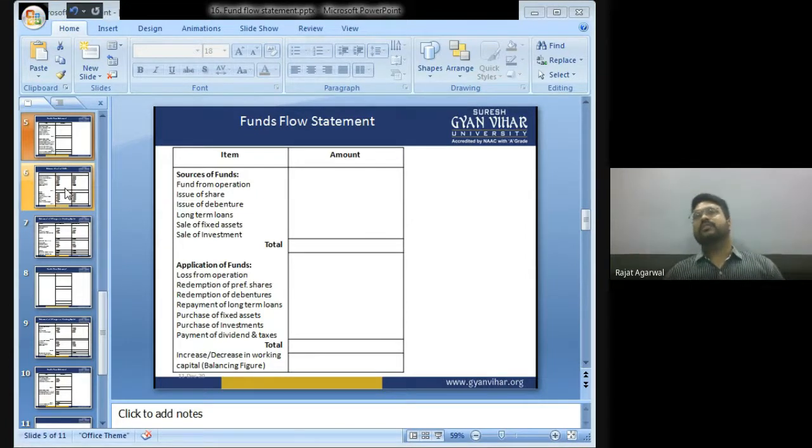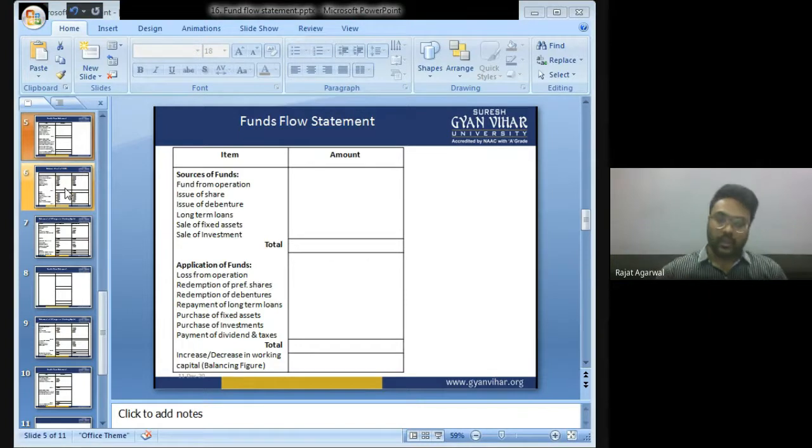Repayment of loan. Suppose I have taken a loan of 5 lakh. It will come in sources of fund, loan of 5 lakh. Now I have repaid the loan of 5 lakh. Now it will come in application of fund, repayment of loan 5 lakh. Purchase of fixed asset. Suppose I have purchased furniture for rupees 10 lakh. Will funds come or go?